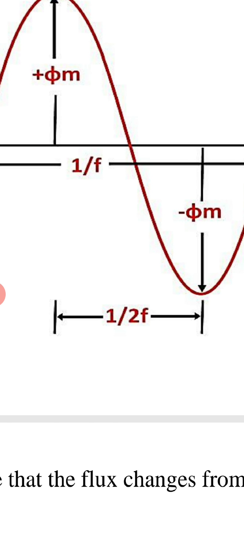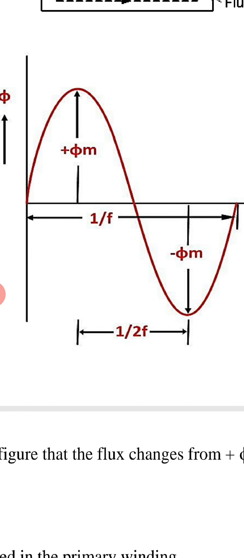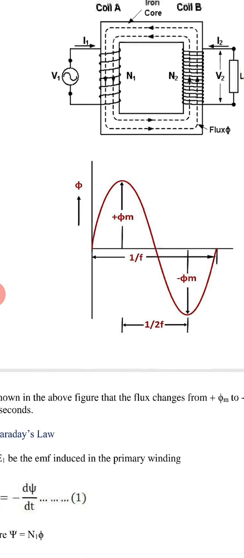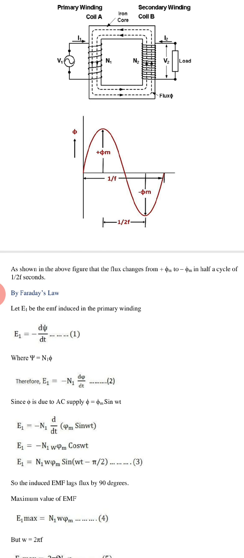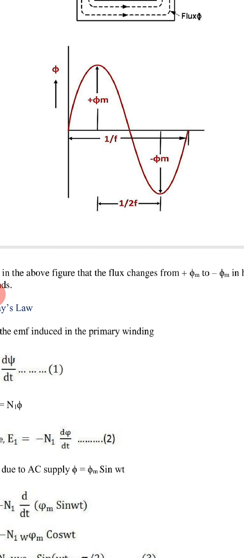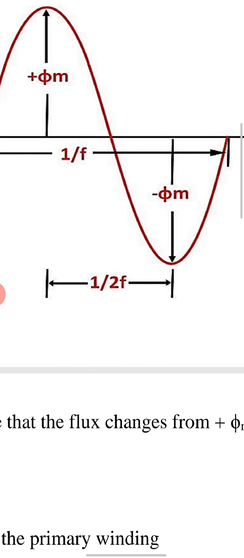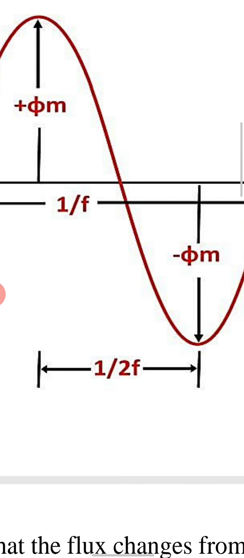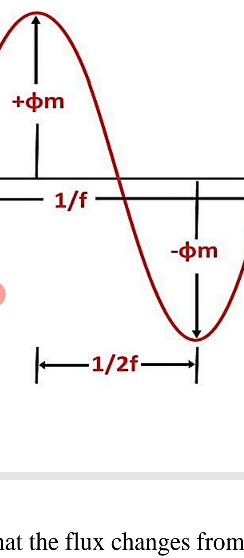We have divided it into a half cycle, that is 1 by 2f. 1 by f is the time period of this cycle and 1 by 2f is the half time period. As shown in our figure, the magnitude of flux changes from plus phi m to minus phi m. We are talking about only this duration. Here the flux is changing from minus phi m to plus phi m to minus phi m.